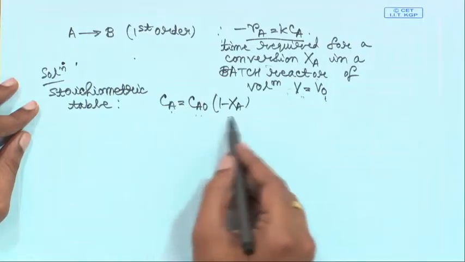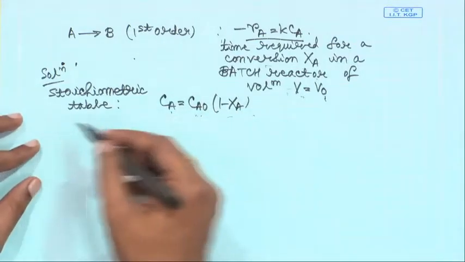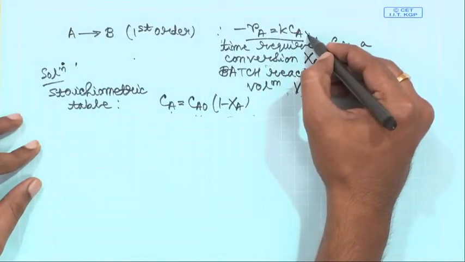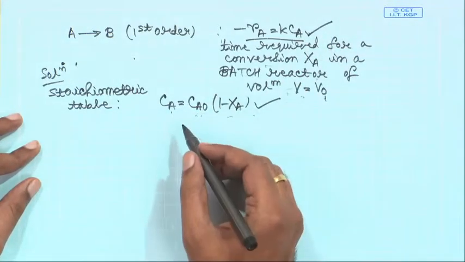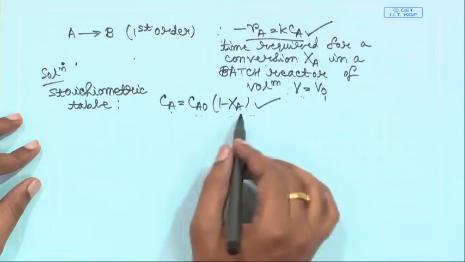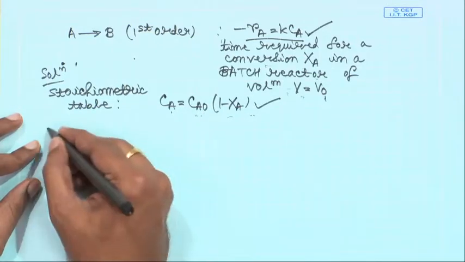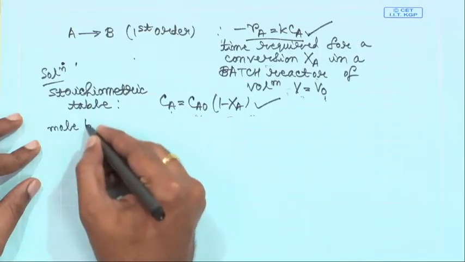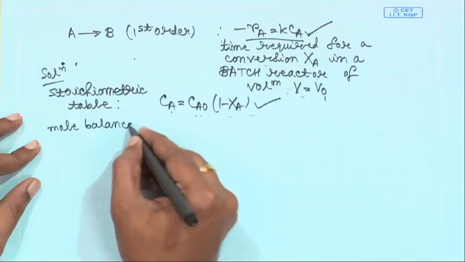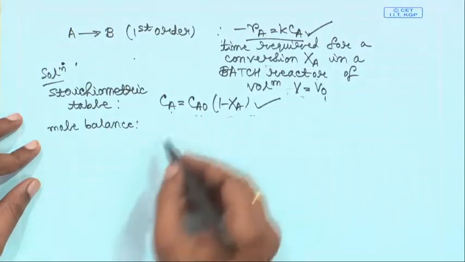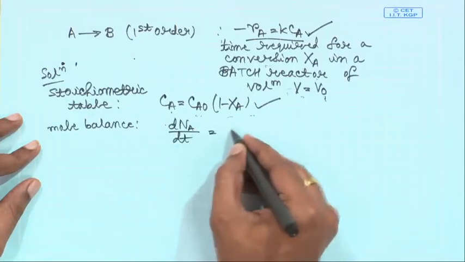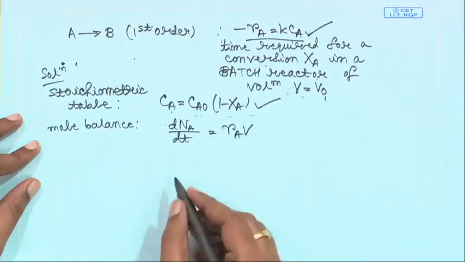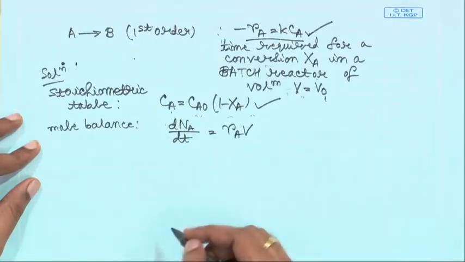So, this is C A equals C A 0 into 1 minus X. Then once you have elucidated the rate law, and once you have constructed the stoichiometric table or expression, then you directly go to the mole balance or the design equation. So, the mole balance is basically nothing but dN A dt equals r A V, if you can recall from a previous class. This is the mole balance.